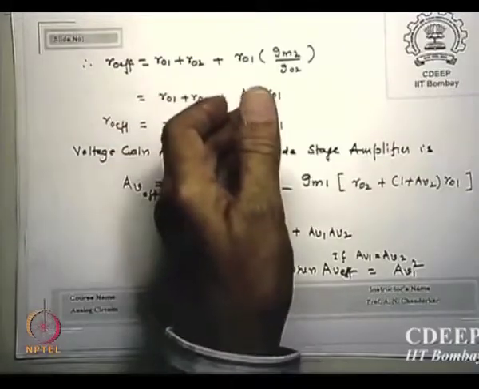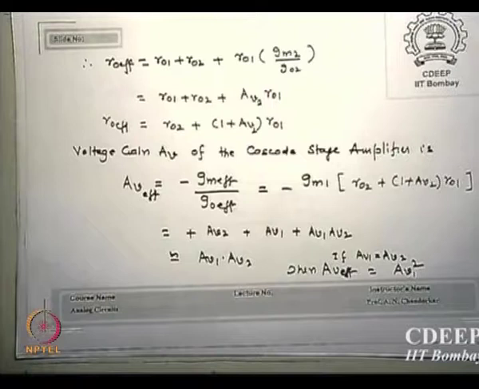If I do not put M1, M2, how much would the output resistance have been? RO1. If I put M2, how much do I get? Gain times RO2. Is that correct? Plus RO1, of course this plus term is there, but this is much higher. So what have I boosted? The output resistance got boosted by the gain in this cascode.